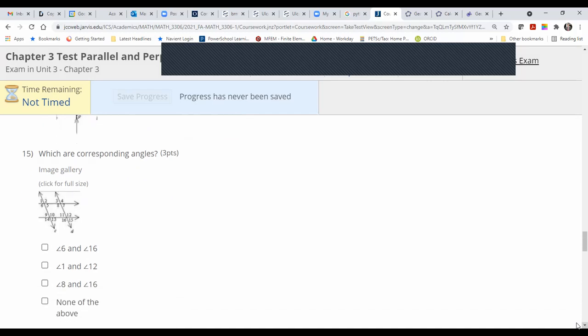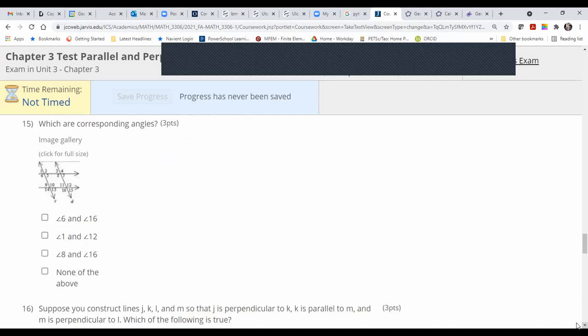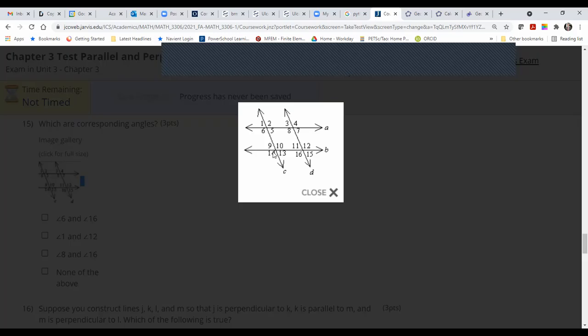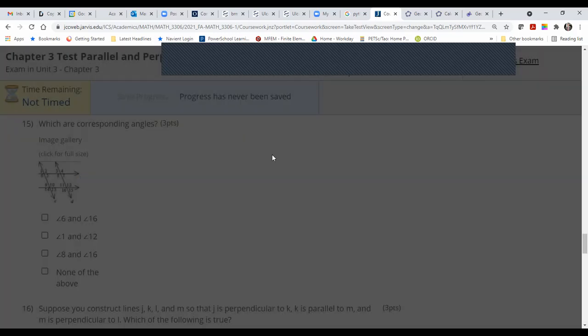Okay, so now it gives you this picture and then asks for the corresponding angle. Okay.